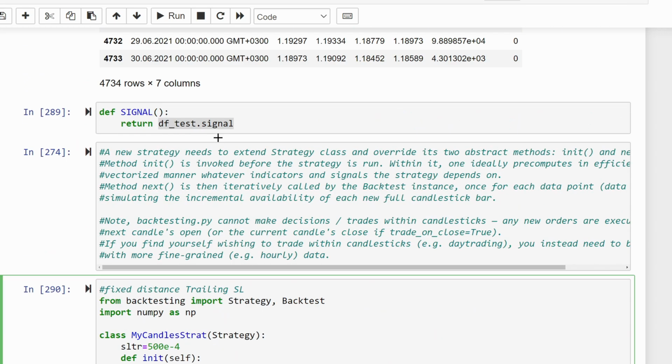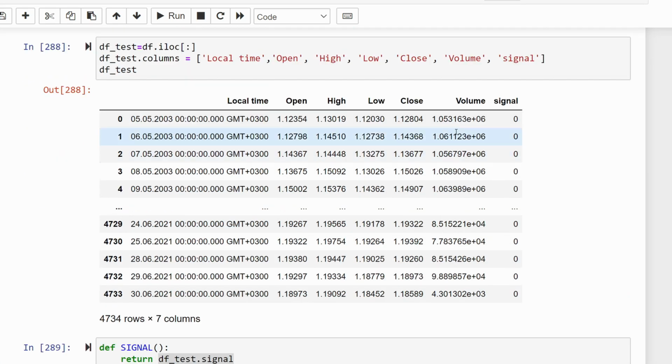In other words, these are the values of the last column that I have injected in my data frame. So this is the signal that is going to tell me if I should buy or sell a position at this particular row, which means at this particular candlestick, which also means that this is the particular day on which we are going to sell or buy a position.